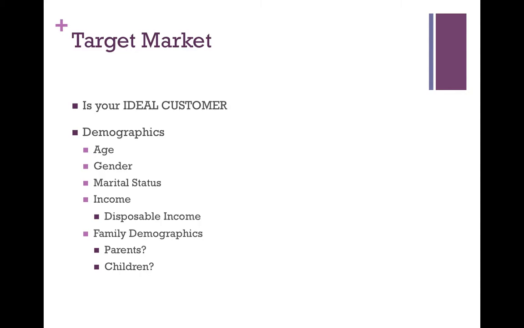Very important to identify is their income, but not just their income. Try to identify what their disposable income would be. Income would be a person who makes $100,000 a year. Disposable income is how much money they have left after they pay taxes, credit cards, houses, cars, etc. And then the disposable income is money that they can utilize for other options and other purchases.